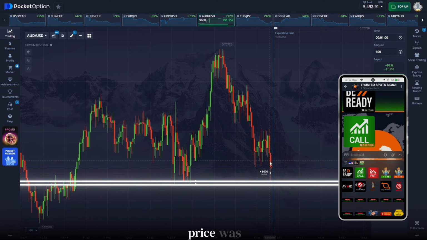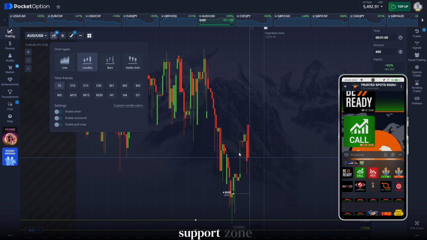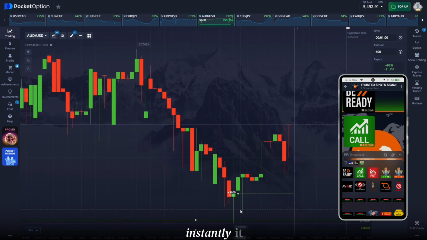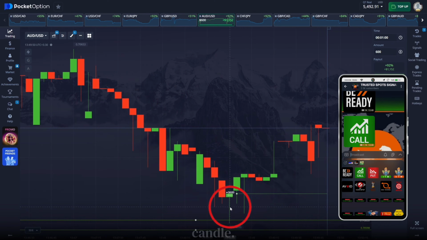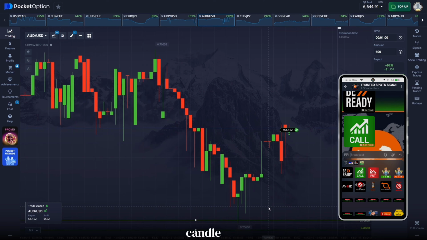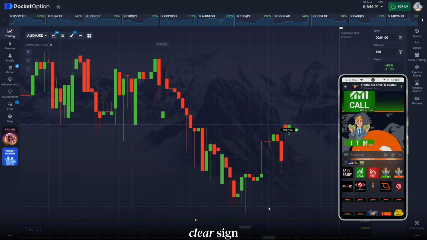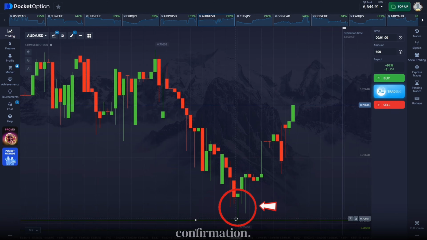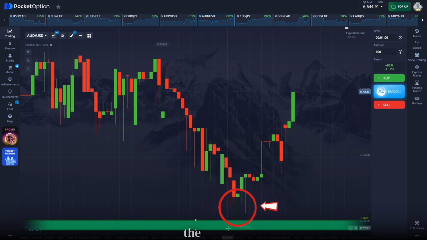As soon as the price approached the support level and hit the support zone, instantly it formed this hammer candle. Now a hammer candle is a clear sign of reversal confirmation, as this was a clear confirmation and this came right after the price hit the support zone.